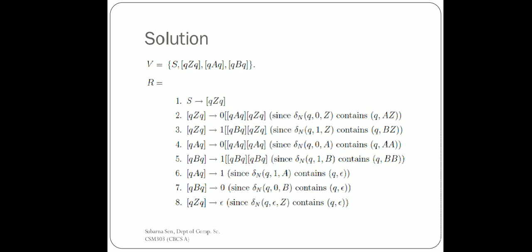Same again, these were with the starting symbol, that is Z. Now if we are at state A and we feed 0 to it, if you remember this transition for Q0A, it will stay at state A only. And similarly for 1 at B, it will stay at B.